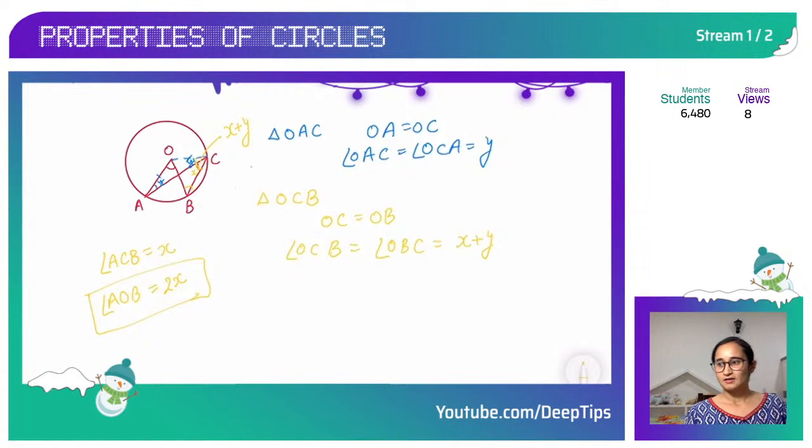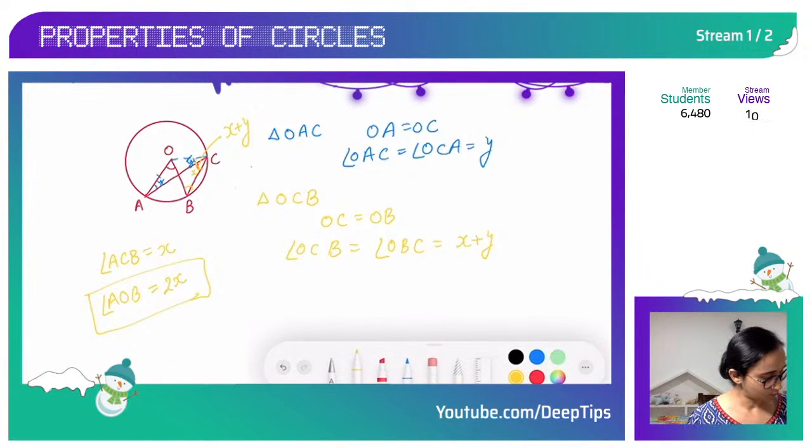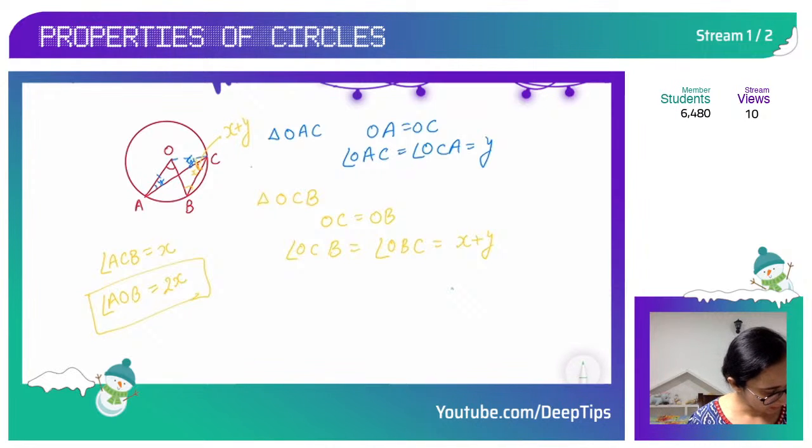Okay, so no problem. If you look at my diagram, children, I'll use green color now. Can you see one angle here? Again, for the third time I am using the exterior angle property.